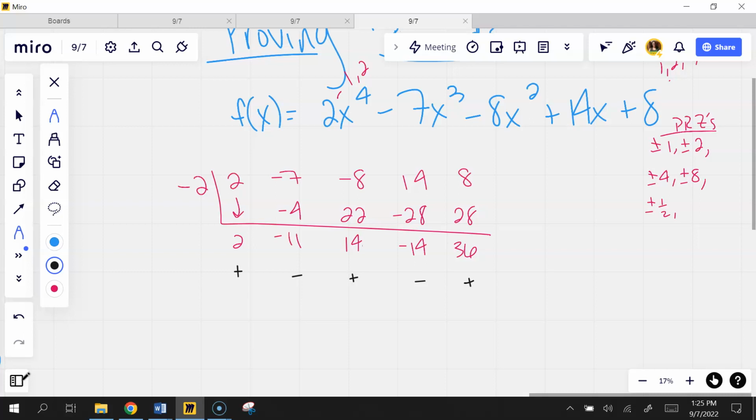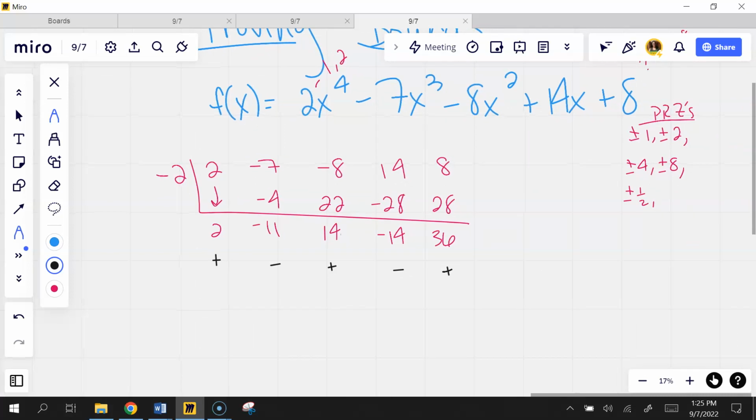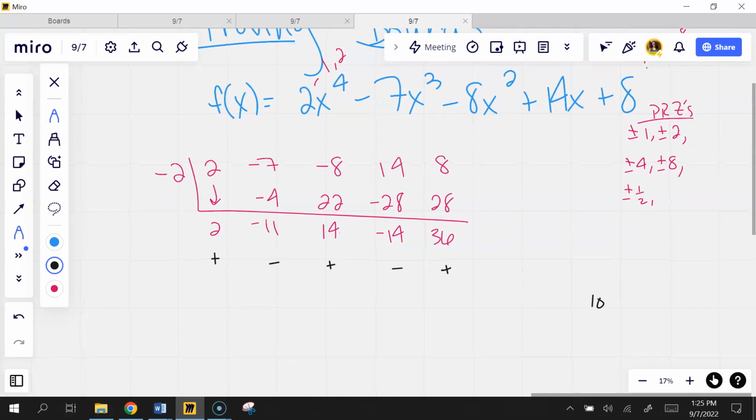Zeros would go either way. If there was a 0 in here, it would count for the alternating signs. They don't really apply. So if you divided and on the bottom you got 10, 0, 0, -3, 1, -6: positive, negative, positive, negative, positive, negative. You can count them either way.